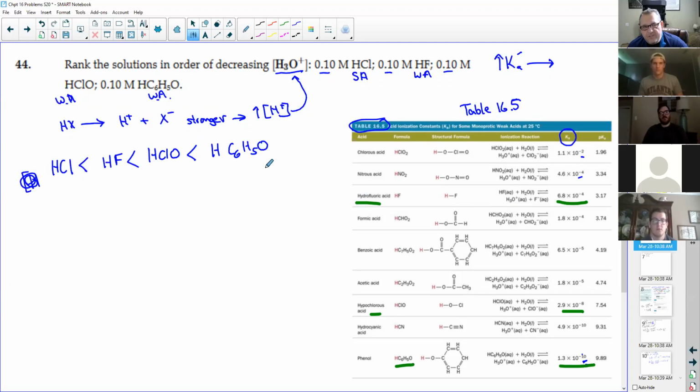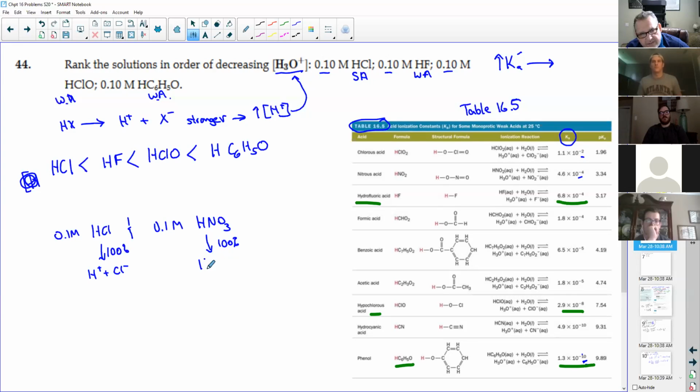Okay, so to answer this one, we have to have some knowledge about the strengths of the weak acids. Now, if there were multiple strong acids, let's say that there were 0.1 molar HCl and 0.1 molar nitric acid, both of those would 100% dissociate to produce the H plus and the conjugate base.